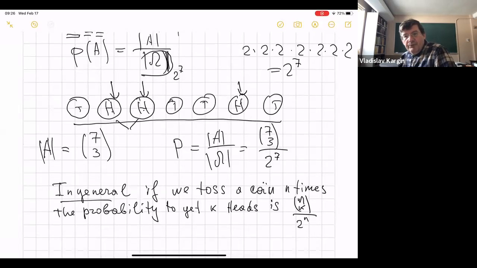Next time we'll look at a couple of problems in probability theory which use these combinatorics methods, calculating several probabilities using these combination coefficients. And hopefully we will go beyond that.